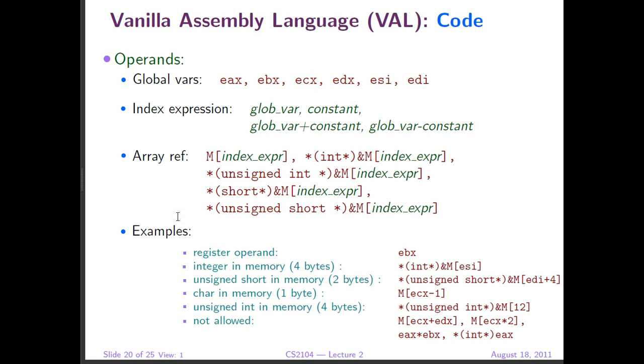Now, what kind of code can you write inside your exec function? Remember, these are limitations that we are placing on the C language to make it similar in programming effort to an assembly language.